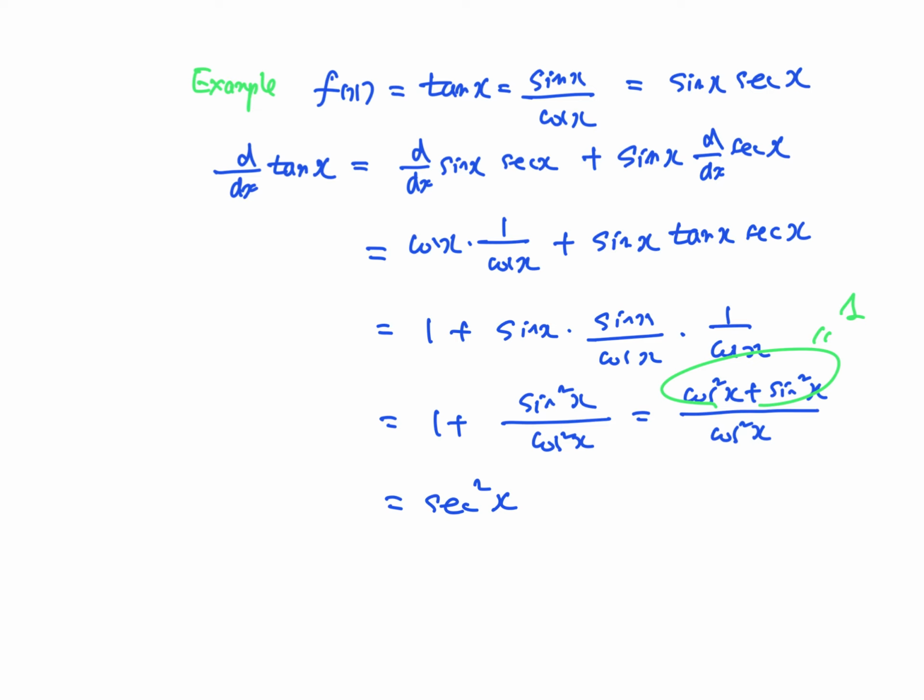Previously, we have taken this d/dx of secant x is tangent x secant x, right? This is a very interesting derivative, so I'd like to spend some more time with this.